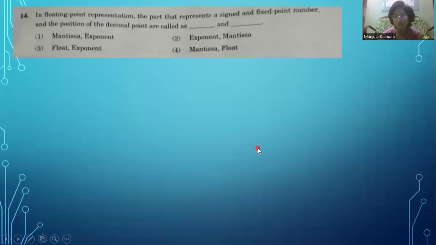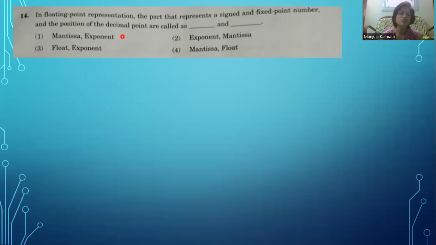Then the next question is: in floating point representation, the part that represents a signed fixed point number and the part that represents the position of the decimal point are called as. The same question was repeated from the previous question paper, but the way of asking is different.